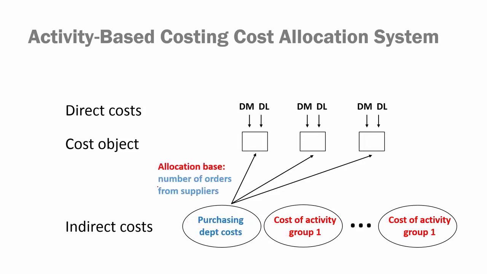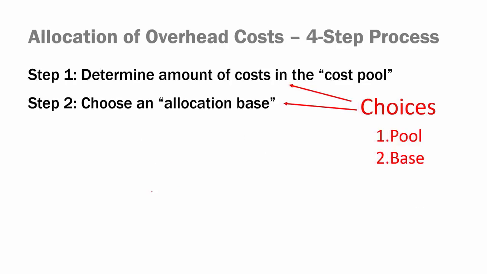For example, if purchasing costs are in a cost pool, then we might choose the number of orders placed with the supplier as an allocation base. If we place more orders over time, we would expect purchasing department costs to be higher. Or if we place fewer orders over time, we would expect the purchasing department costs to be lower.